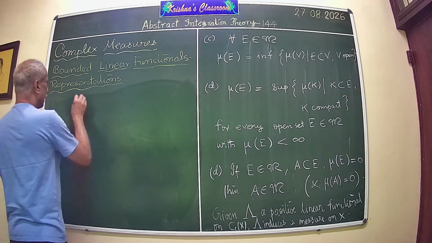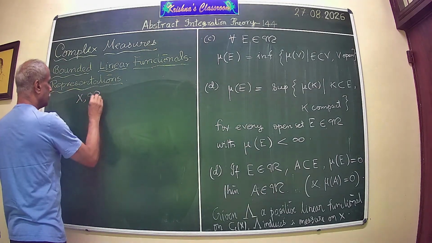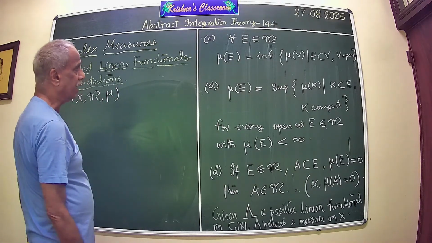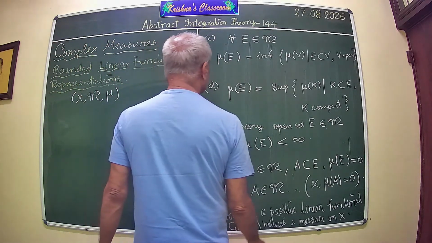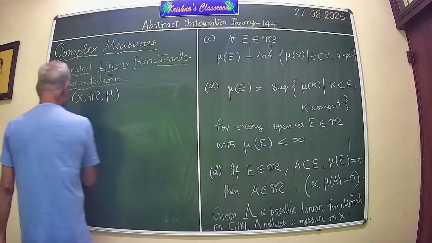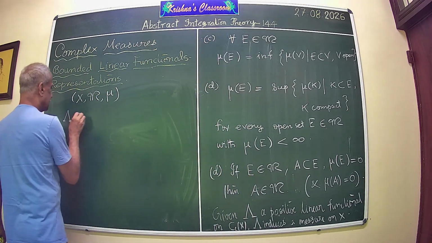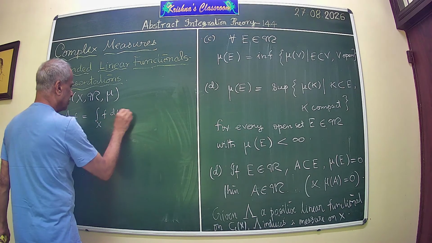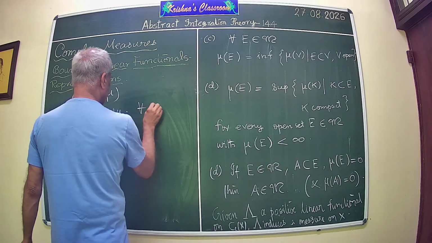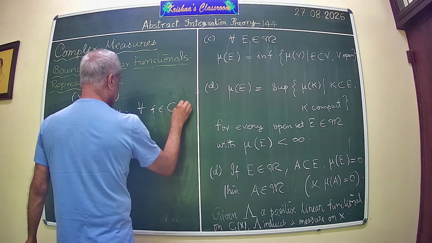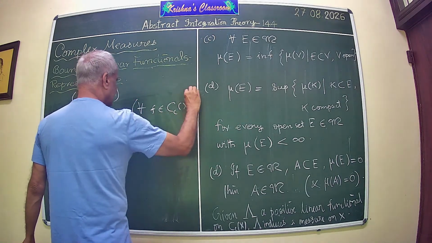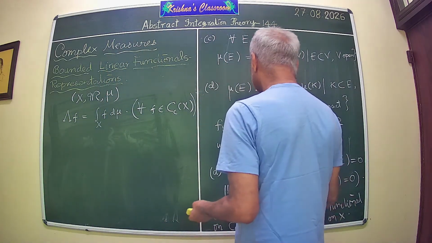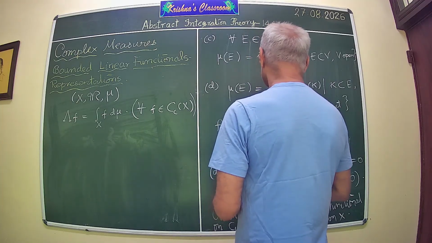That means you have X, M, mu, where of course lambda f is equal to the integral over X of f d mu, for every f belonging to CCX. Okay. Right?